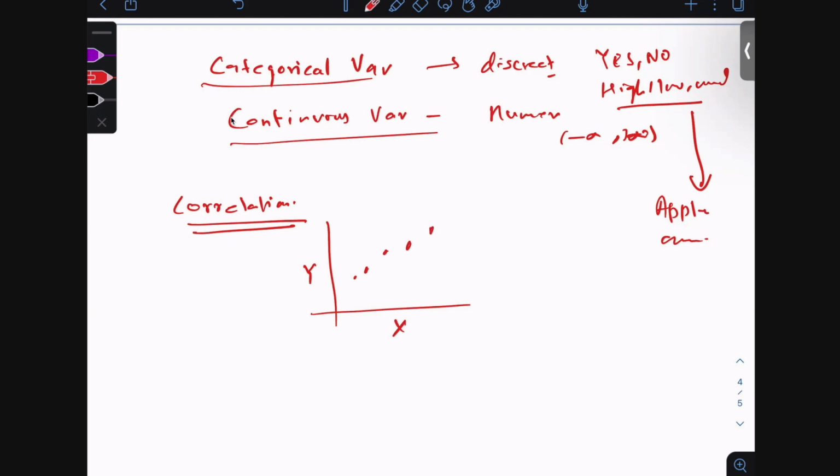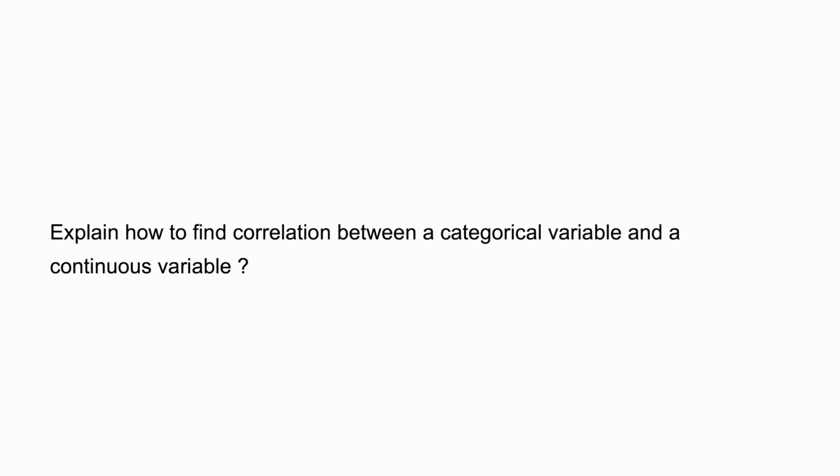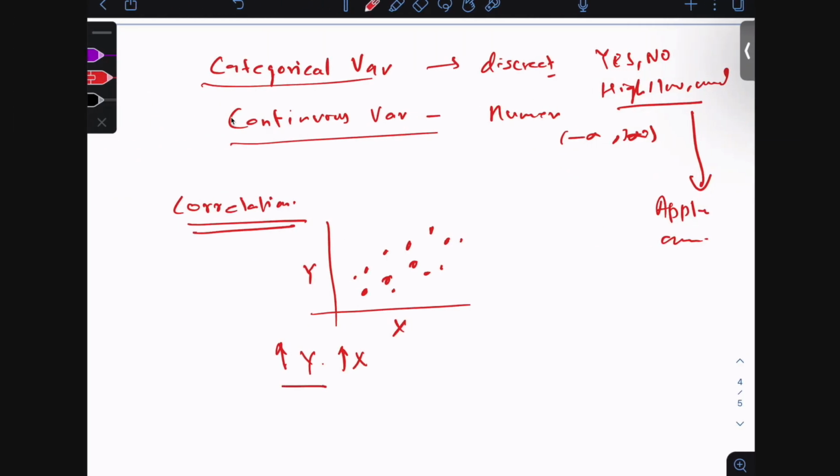Okay, so this is my scatter plot of data. And what does it tell you? That if y goes up, my x is also going up.